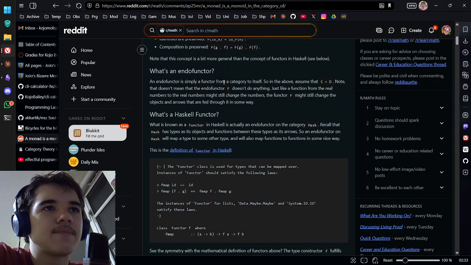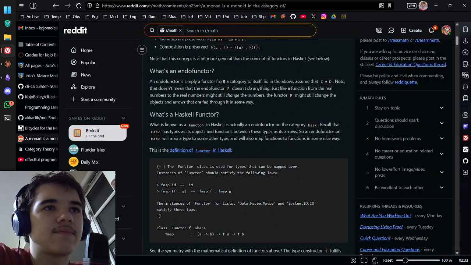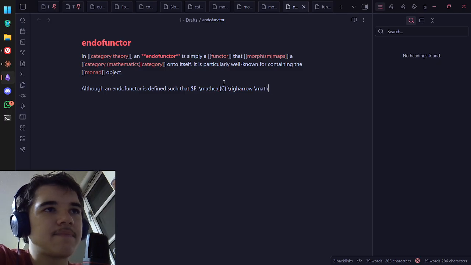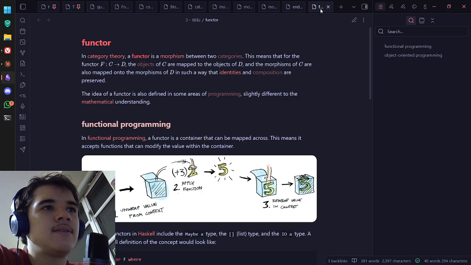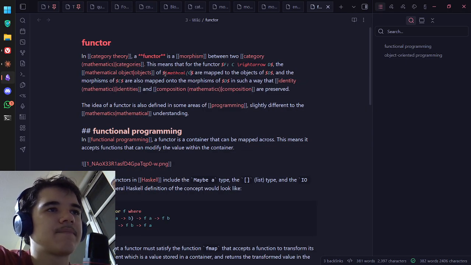So although an endofunctor is defined such that F: \mathcal{C} → \mathcal{C}, should I use different symbols for this? \mathcal, probably.